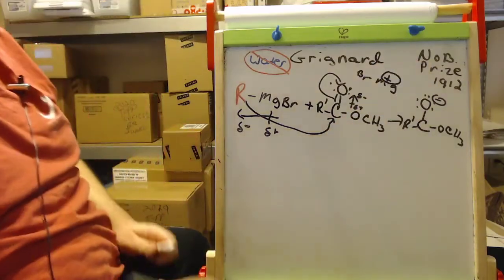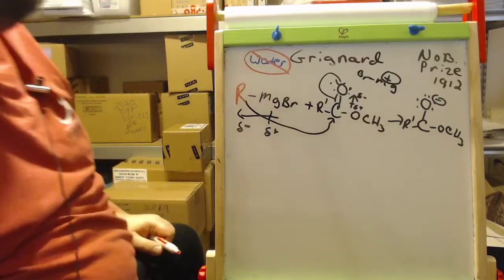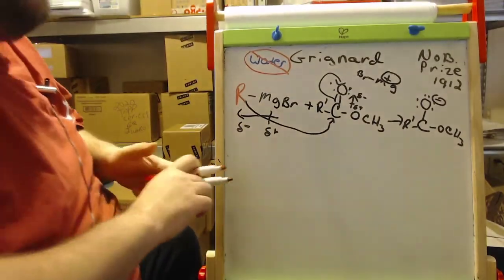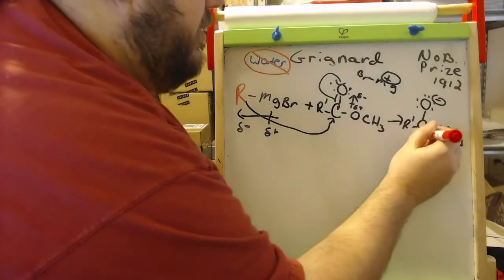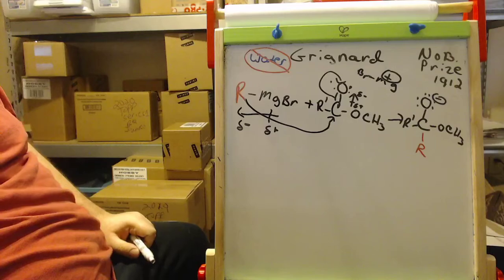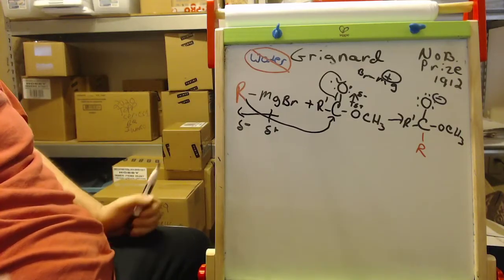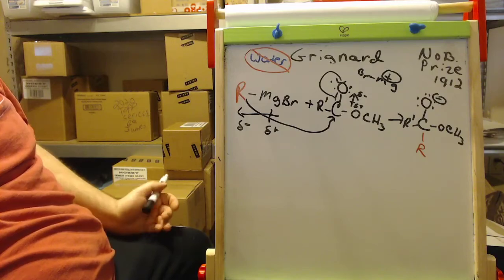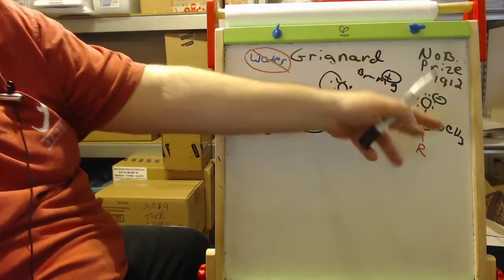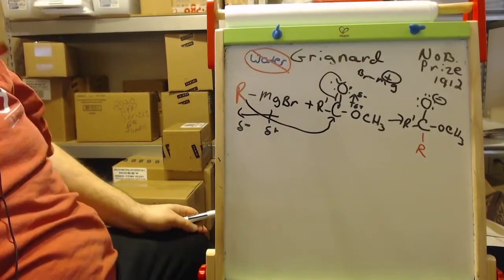That's for you, Dylan, just so everything stays balanced for you, buddy. And I've got my other carbon attached. From here, our next step in our Grignard would be to treat it with acid and turn this into some alcohol group and have that OCH3. But with an ester, something interesting happens.